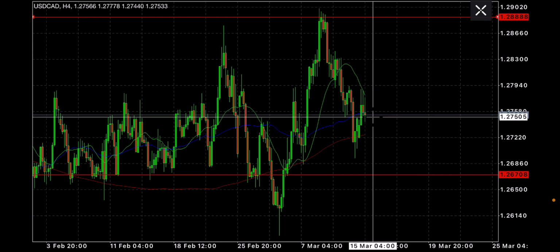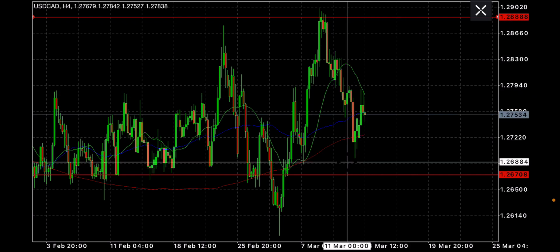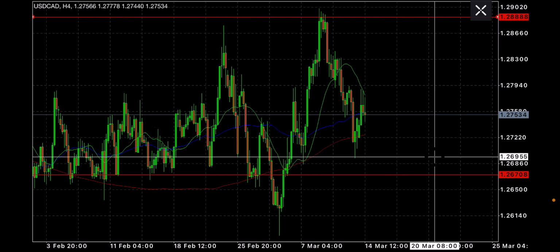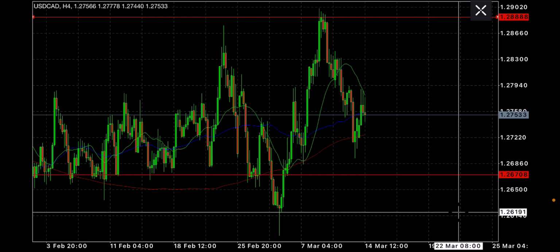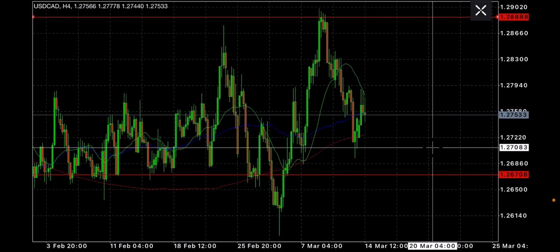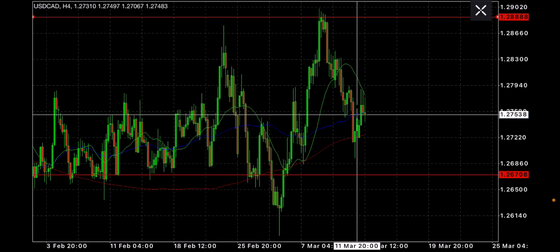The more likely scenario is price is going to continue to push down, range out about here, have an aggressive push down, range out in this area before it continues to go towards the short position. And this is solely related to how strong the Canadian dollar is versus how weak the US dollar is.